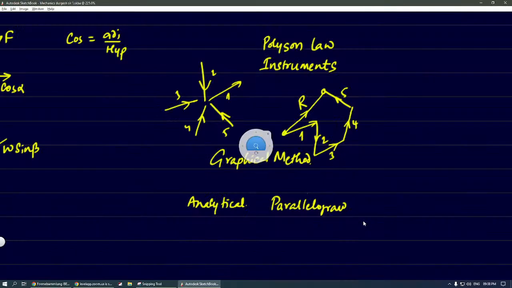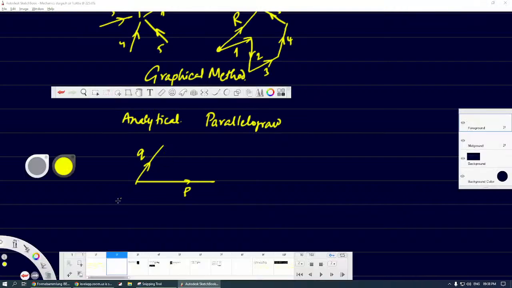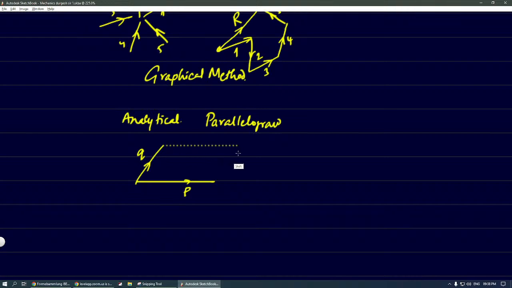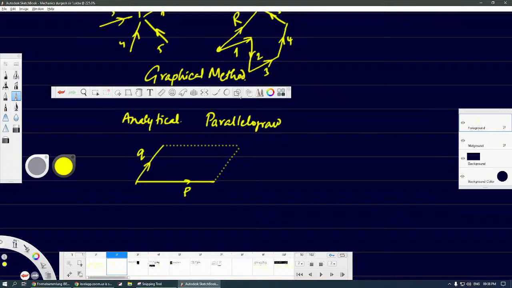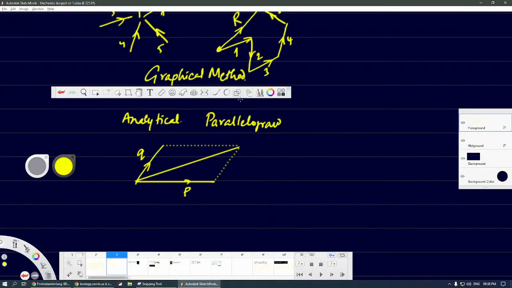The law of cosines tells us that if two forces are known, let us say one force is P, the other force is Q, and you are supposed to find the resultant of these two, we can find it as the diagonal of the parallelogram.